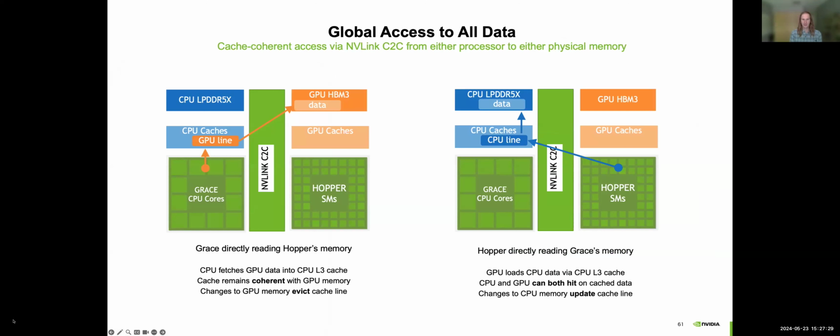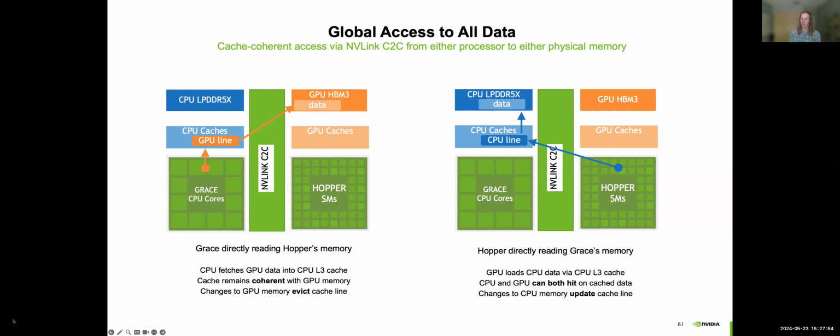If you're working with, say, a Grace CPU thread accessing GPU data, the GPU line is actually cached on the CPU side. So this means that you could have multiple CPU threads, or processes or what have you, working on the same piece of GPU data. It will cache on the CPU side and avoid traversing the C2C link.